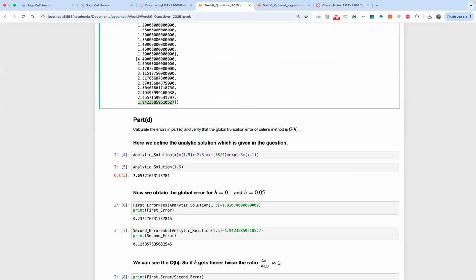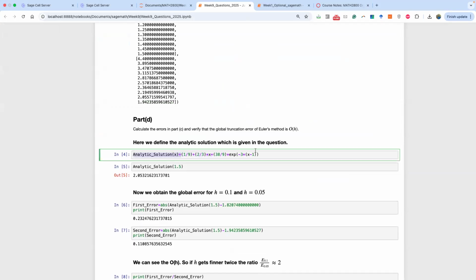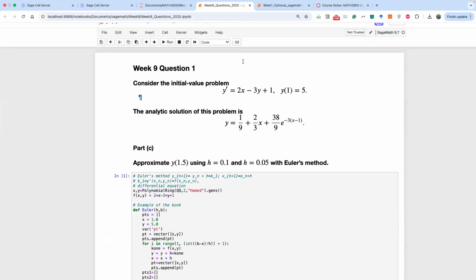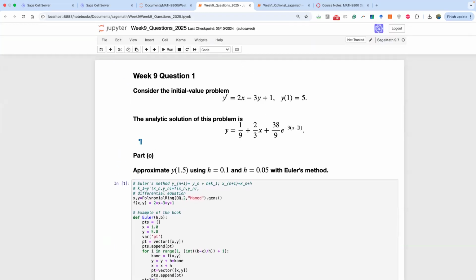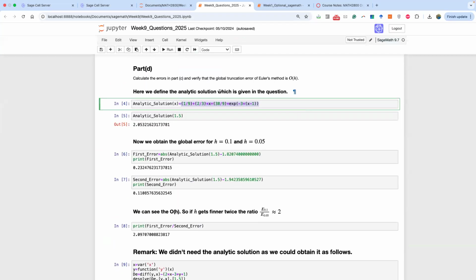Okay, I'm going to look at here. The analytic solution is given here. It's the same thing that I have written in here. Once you define this one, it is easy. If you do this in Python, it could be a little bit hard, but in SageMath it's a little bit easy.